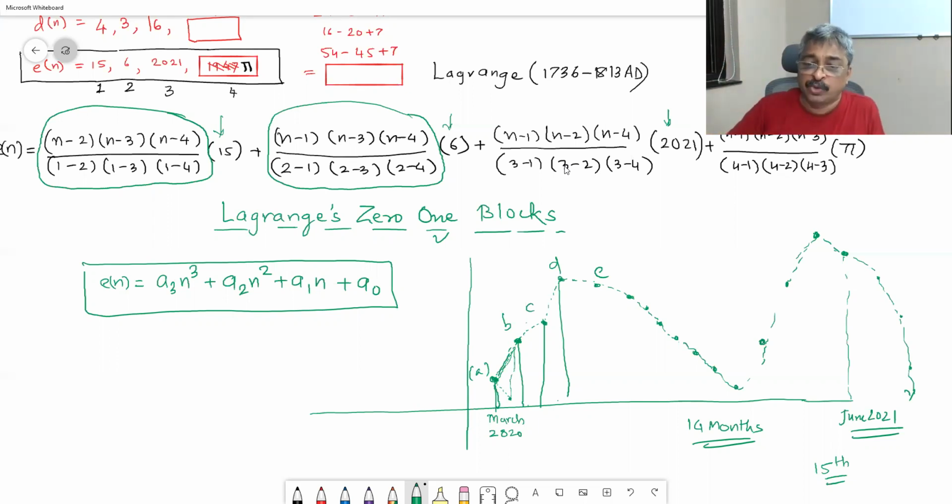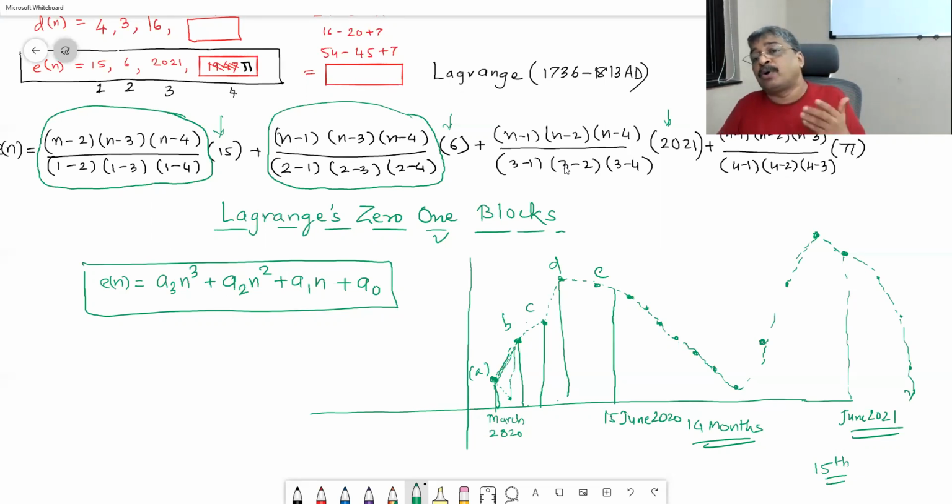Or this formula is going to be very useful to find out what is 15th of June last year. What is 15th of June 2020? And I am comparing 15th of June somewhere today, 15th of June.